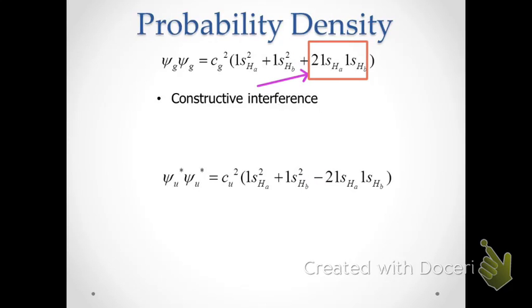Now here's the key. The positive term in the upper equation represents a constructive interference, which means we get a buildup of electron density in the region between the nuclei. We'll see that on a slide in a moment which shows the graphs of the probability density. So there's enhanced electron density in the internuclear region.